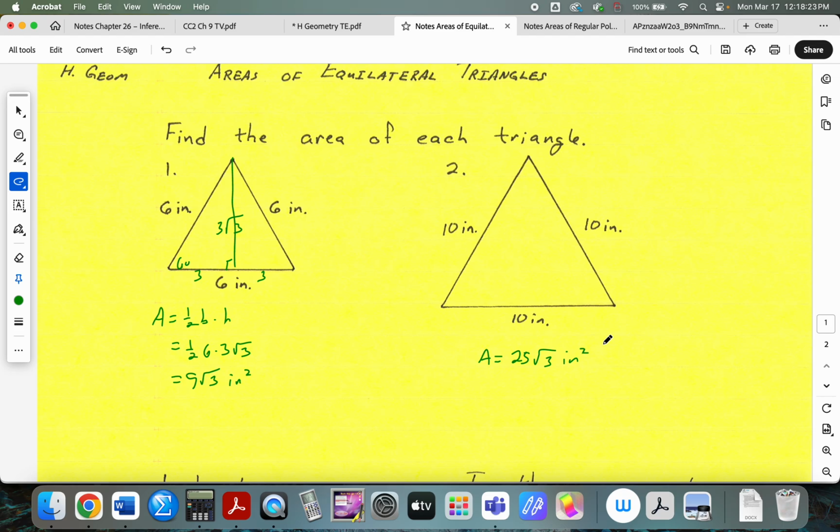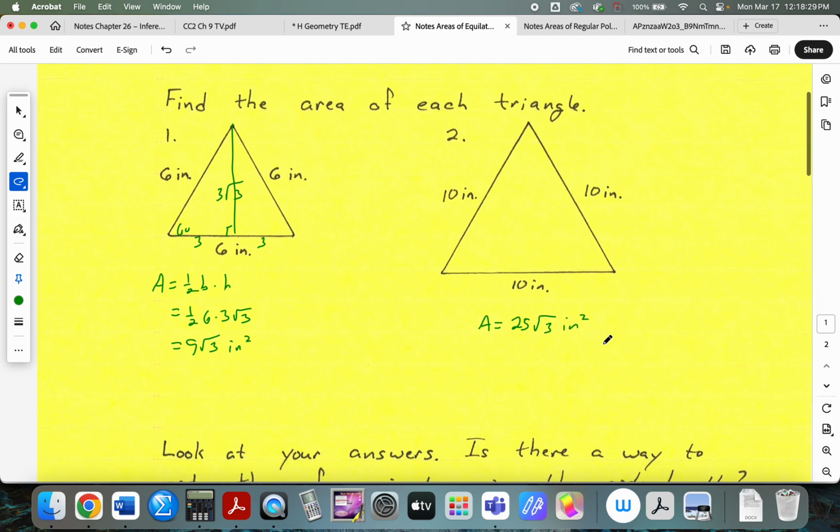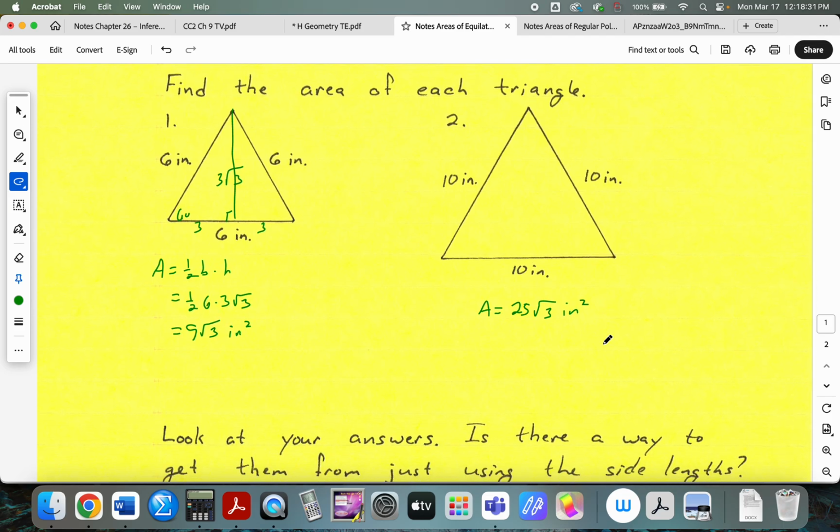Now, you can do that, and there's nothing wrong with doing it that way, but I'm going to teach you a formula. So if you look at this, what could I do to 10 and 6 that would get me 9 and 25 respectively?